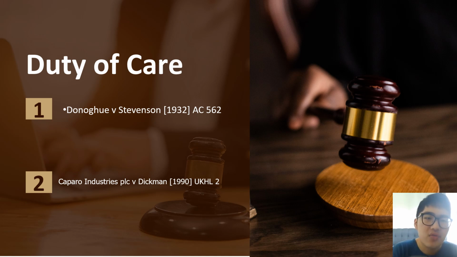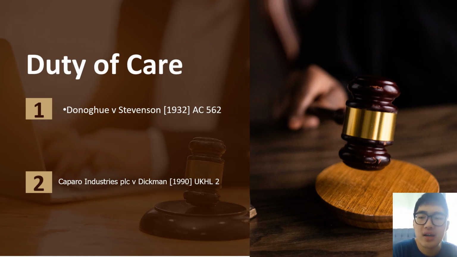And there are 4 parts of negligence. If we can prove all of the 4 parts, then negligence exists, or else we cannot say that it is negligence. Firstly, it is duty of care, and then breach of duty of care, and then causation and remoteness. The first one is duty of care, according to Donoghue versus Stevenson and Caparo Industries versus Dickman.